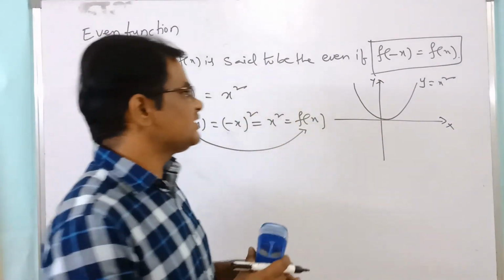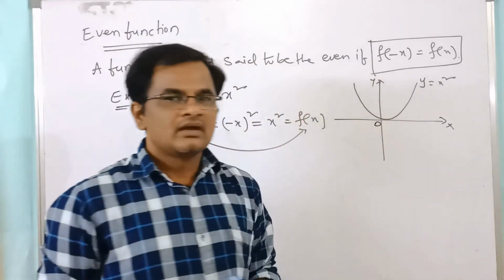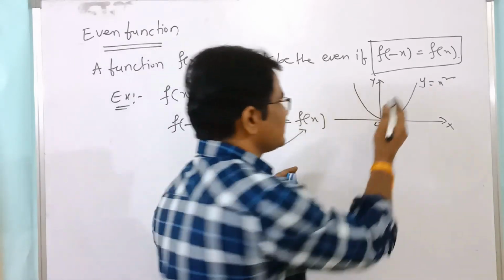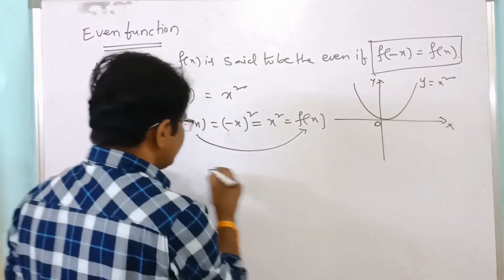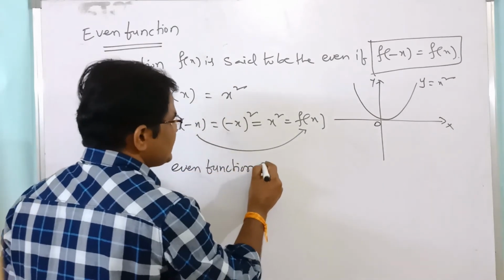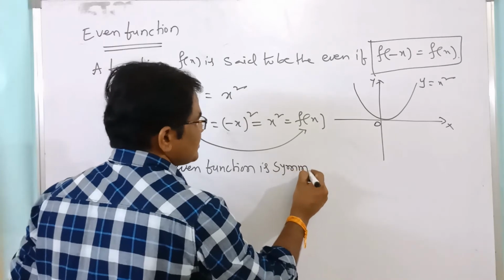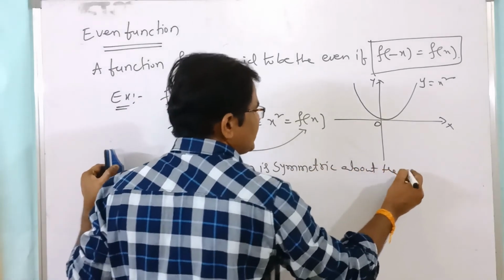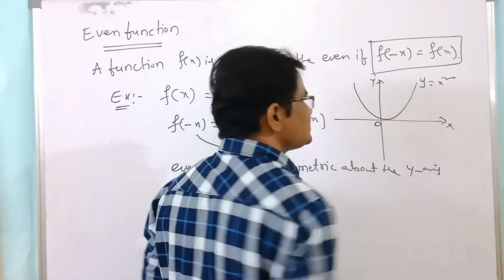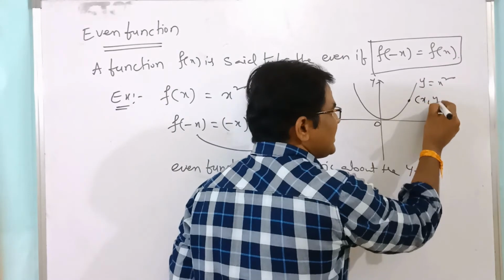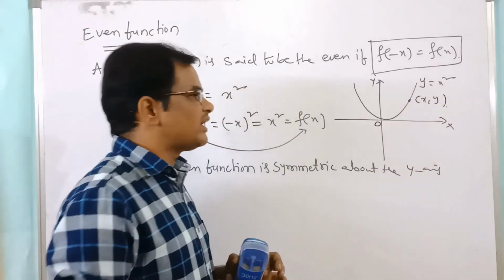What are we observing from this? An even function is symmetric about the y axis.